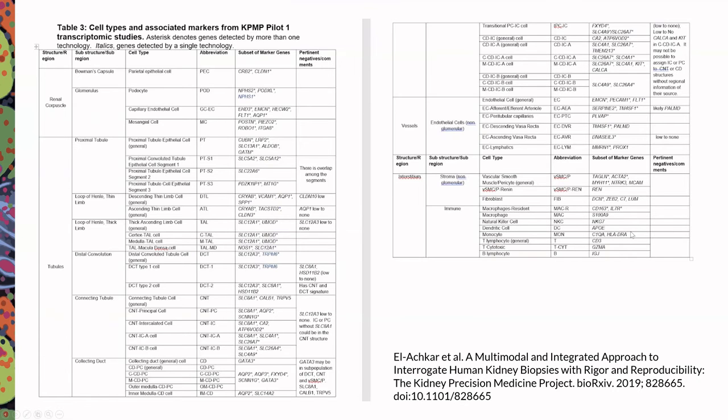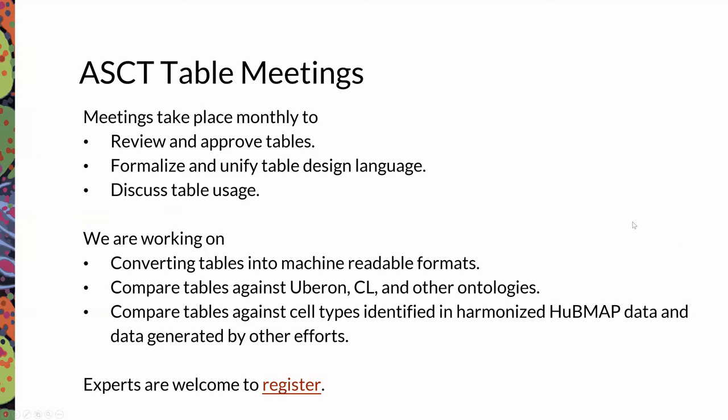Here you see an example of the kidney AST table, which was published by KPMP. So we actually are very grateful to them for inventing these tables. And in the meantime, we have now created tables for multiple organs. We have monthly meetings which bring together organ experts from different organ societies.